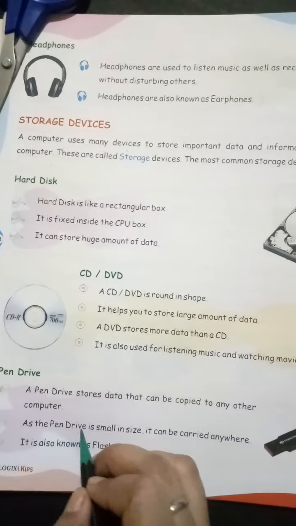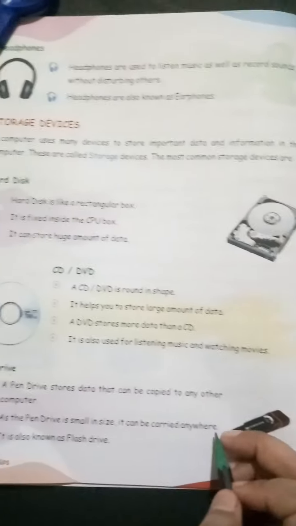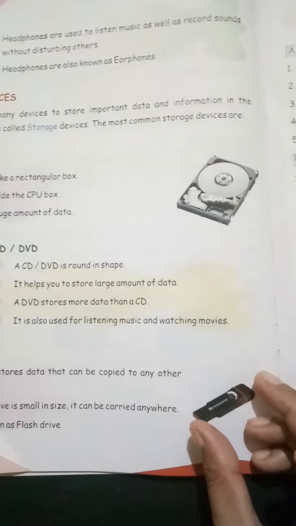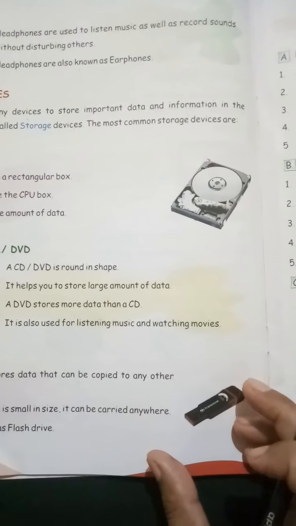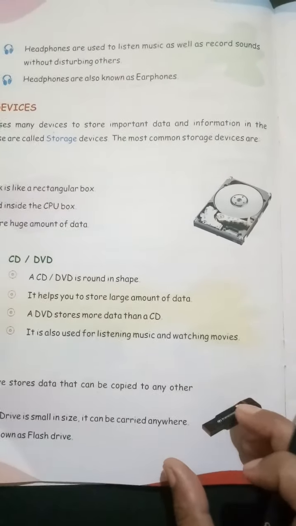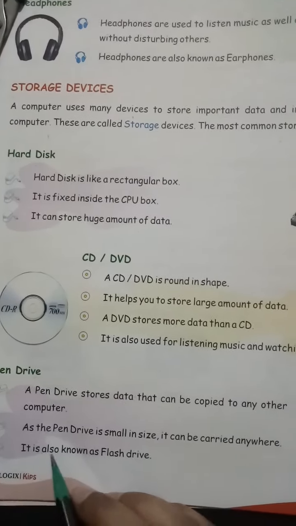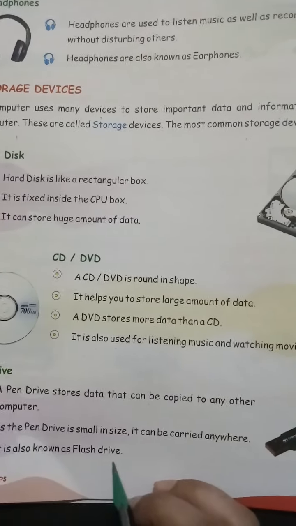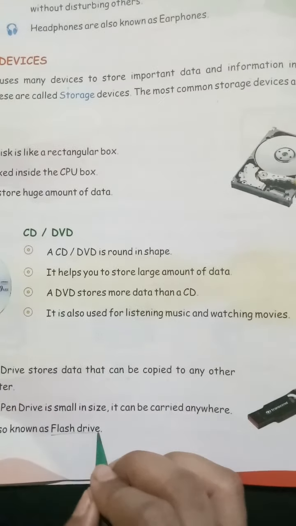As the pen drive is small in size, it can be carried anywhere. We can keep it in our bags or in our pouch. It is also known as a flash drive. So its other name is flash drive.